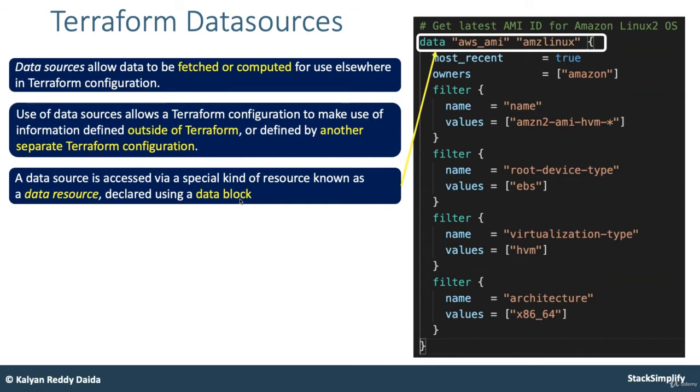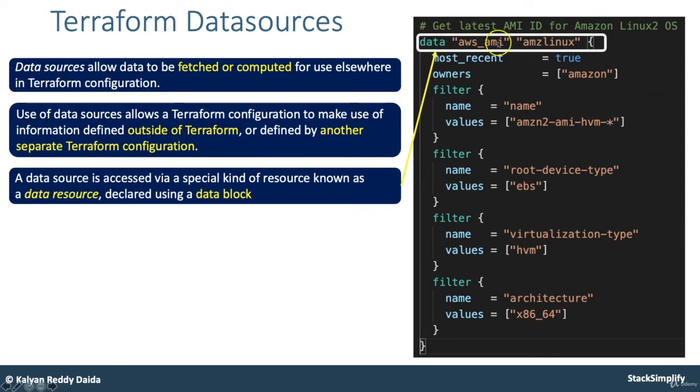This is the complete data block, and this is the data resource. Whatever resource you are creating here is a data resource, and this data resource is going to call the data source. That's the important thing here. What is a data source, what is a data resource, and what is a data block? We need to understand that clearly.